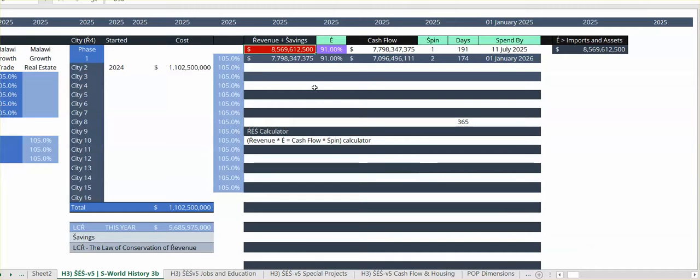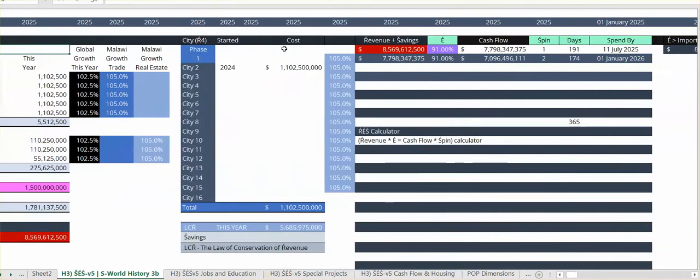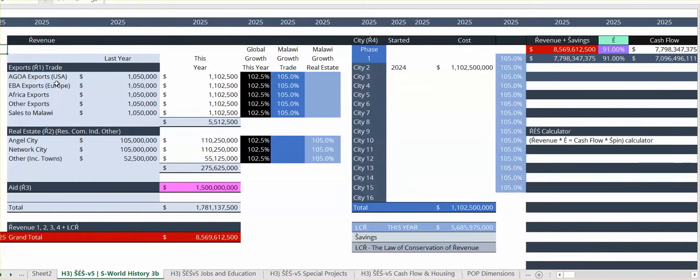Okay, so here we see that figure there. That is the token trade revenue here, the real estate revenue here, the aid, the city, plus the main factor is the savings from the year before that we just rolled over.